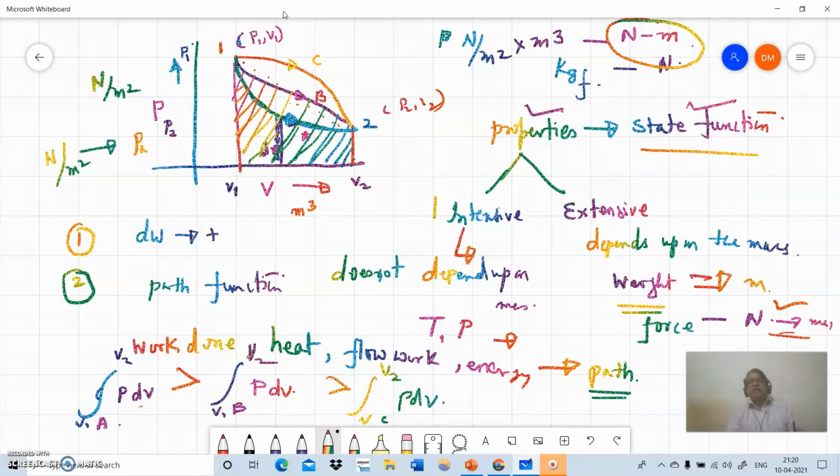If, on the other hand, it goes like this, so it is a compression, work is done on the system. So that's why in that case it is negative. Really, it is a convention whether it is work done by the system or work done on the system. It is not less than 0 or more than 0.